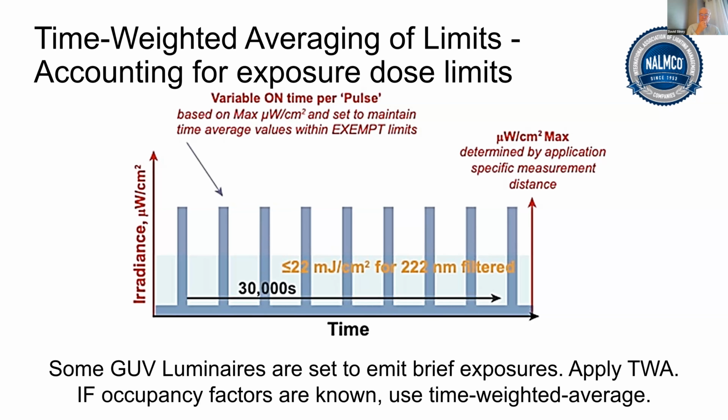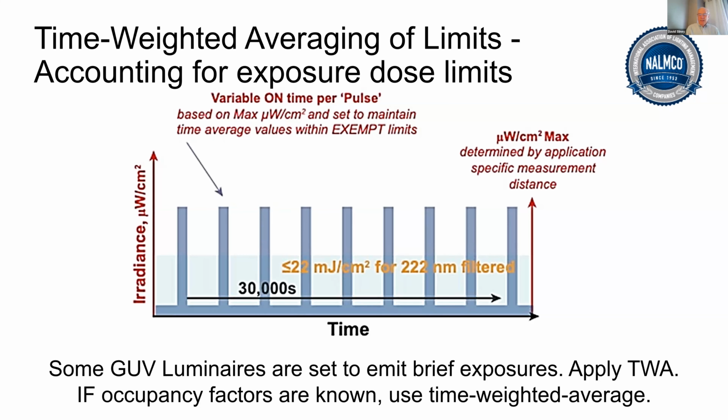You can also apply time-weighted averaging if occupancy factors are known. And this has been done, for example, in restaurants or in places where people are not going to be occupied for any length of time.